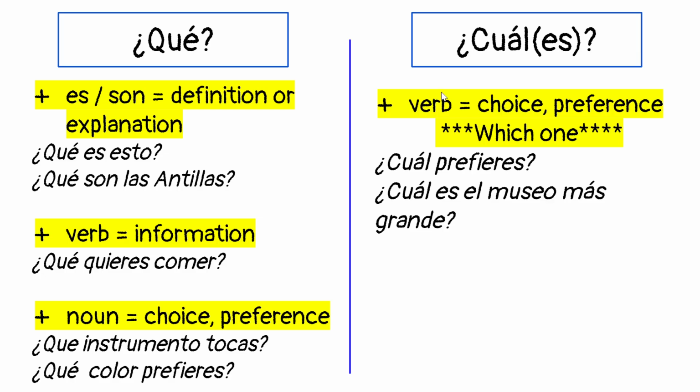Now let's look at cuál. Cuál will always be followed by a verb. And it will be used for choice or preference. You're choosing between something. Which one? ¿Cuál prefieres? ¿Cuál es el museo más grande? Which do you prefer? Which is the biggest museum?